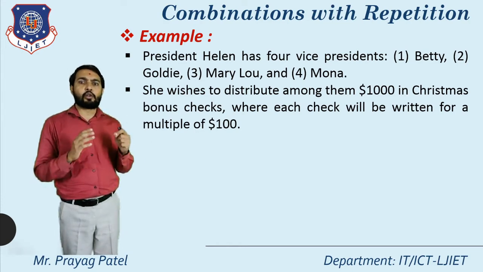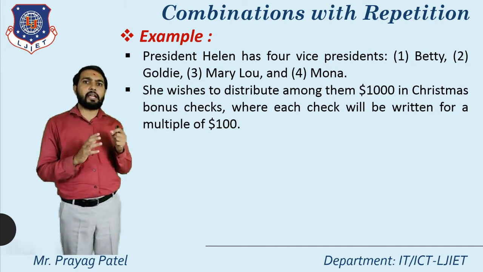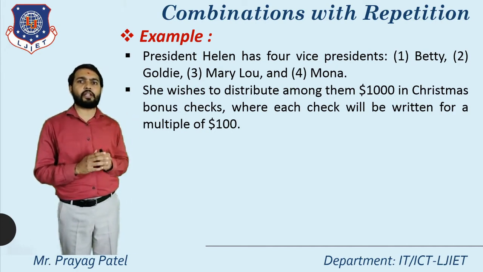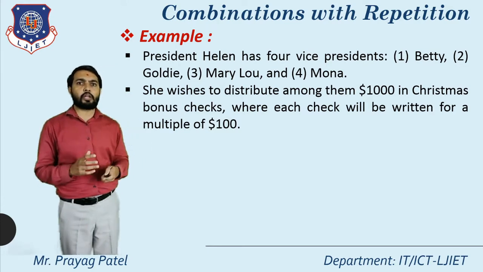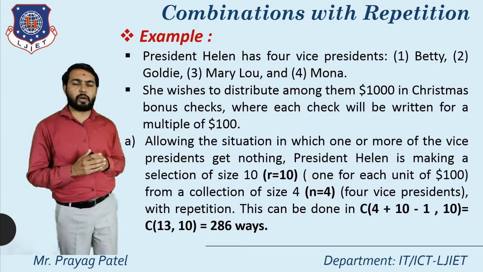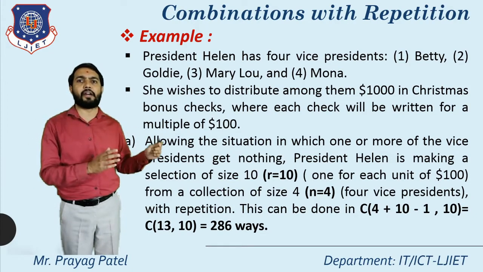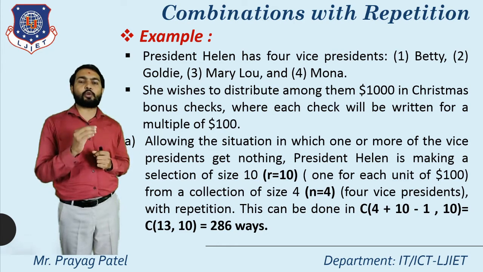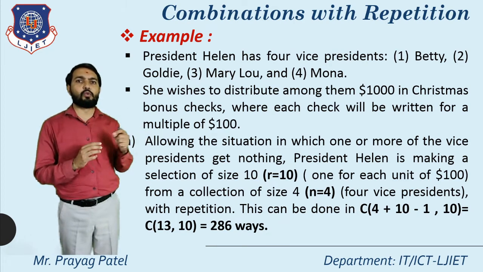So here a total of $1,000 is available, where each check will be written for a multiple of $100. You have to divide this $1,000 into parts of 100, 100, 100. So we have a total of 10 checks available for $1,000.